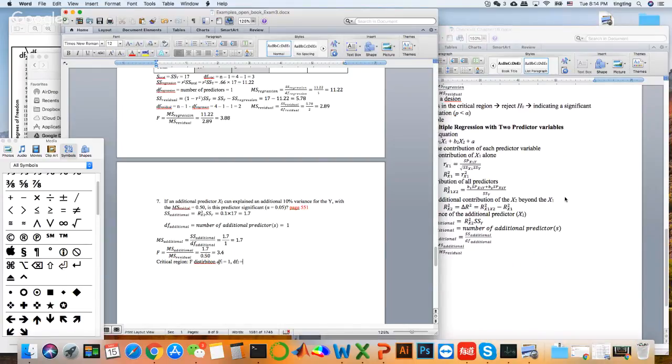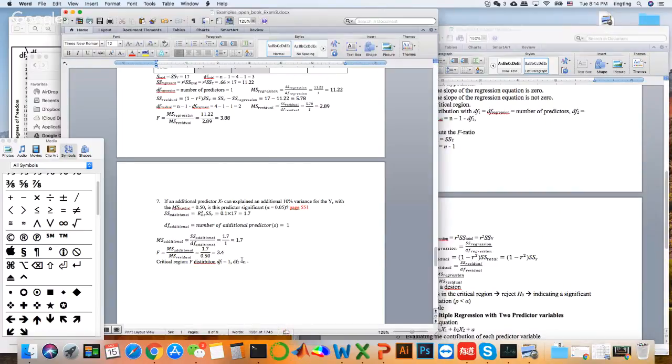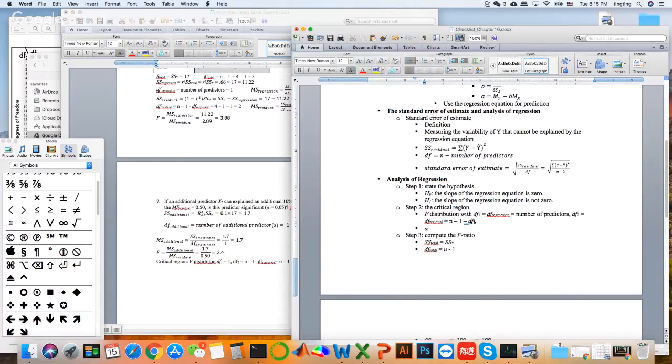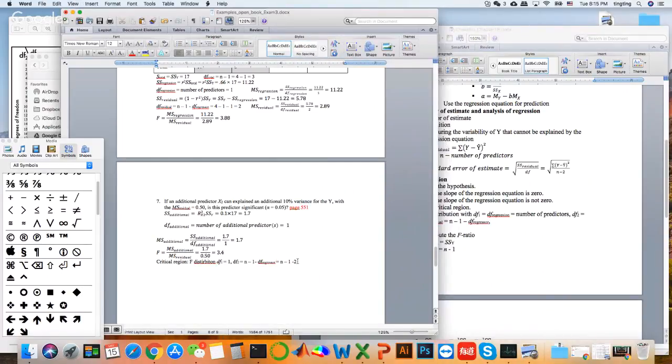Here N equals 4, and we have 2 regressors in total, right? So this part equals 1.